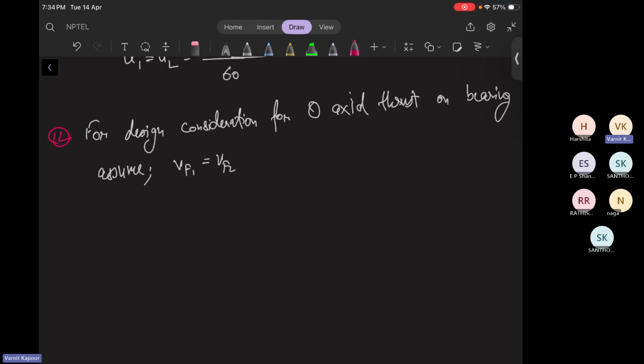Next point, all the angles, that is your alpha, beta, theta, and phi. Here we will deal in terms of alpha 1, alpha 2, beta 1, beta 2. All the angles alpha 1, alpha 2, beta 1, beta 2 are measured with respect to the axial direction.